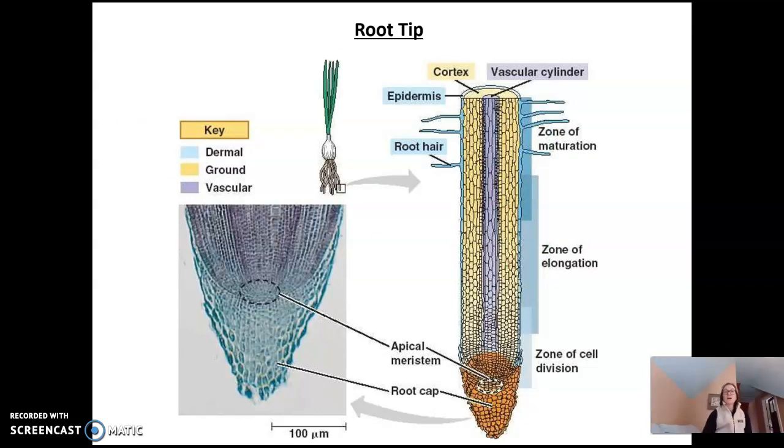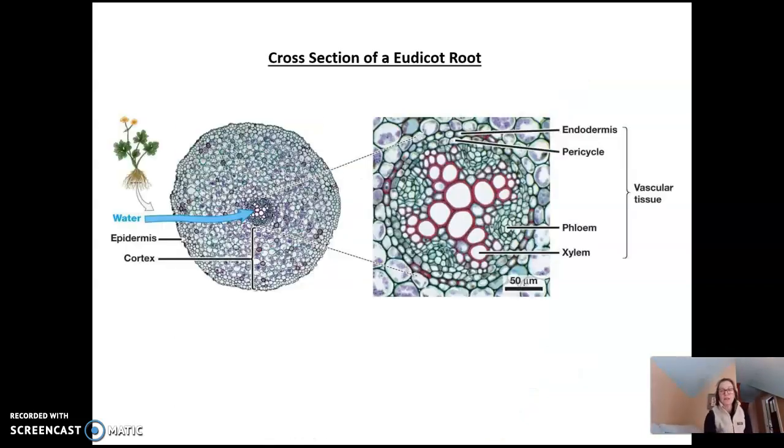Longitudinal sections are cut the long way, and it's important to distinguish that from what we see here, which is a transverse or cross section. So we get different views of the roots and really the whole plant if we do these two different sections. We could also think of this as ourselves.